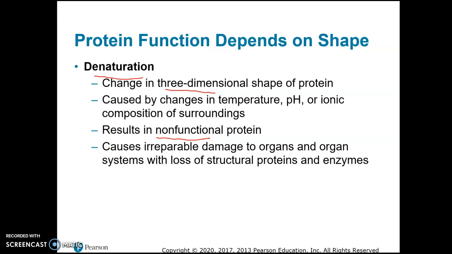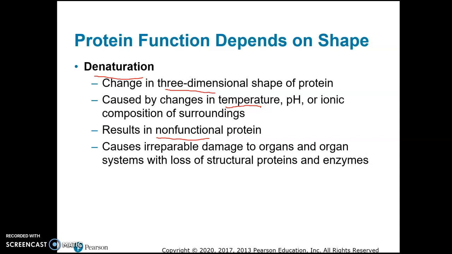If the structure is not exactly as it should be, as it was designed to be, then the protein can't do its job. And this can lead to death. I mean, like it says, it can cause irreparable damage to organs and organ systems. So another thing is the reason for denaturation can be temperature.